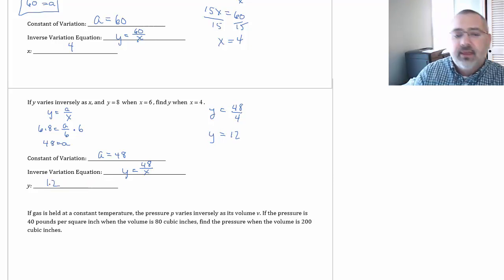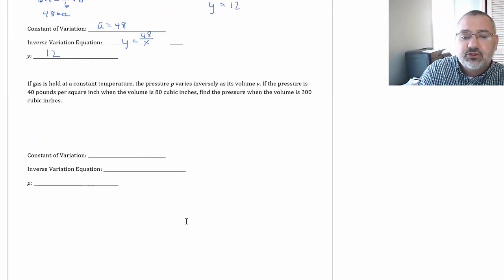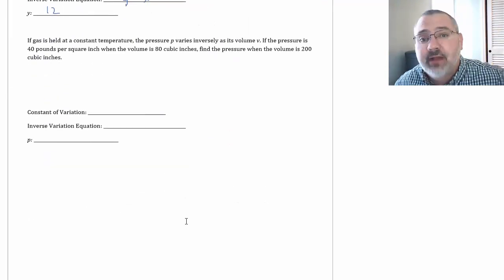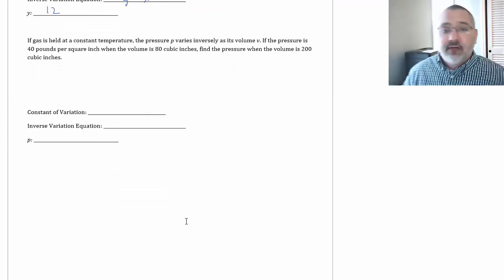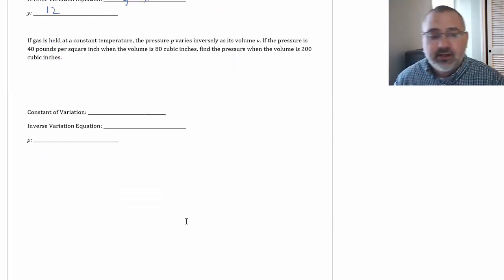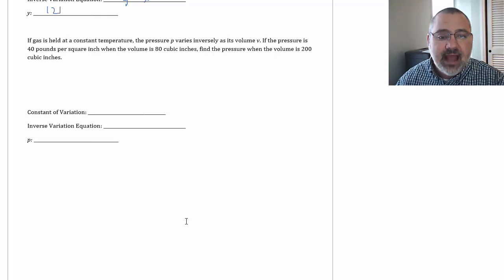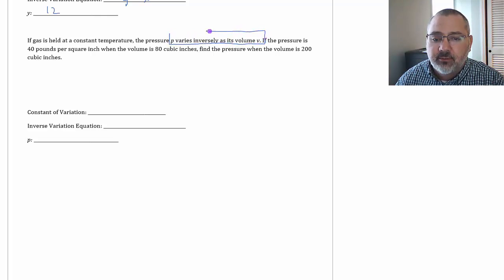Now, these are algebraic problems, but they can also be used for solving word problems because there's a lot of applications of inverse and direct variation. Inverse variation, let's take a look at this one. If gas is held at a constant temperature, the pressure P varies inversely as its volume. Now let's underline that. That's important. P varies inversely as volume.